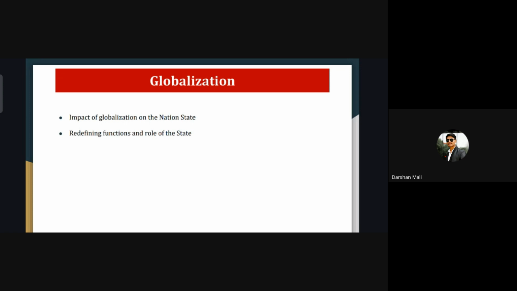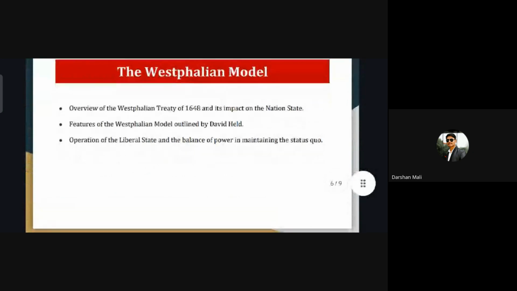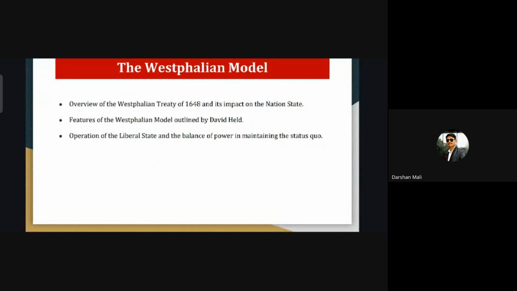So now I hope you got the idea of globalization and its impact on developing countries like India. And this is very essential for students of public administration to understand. Just now we discussed the Westphalian model. In this Westphalian model, the liberal state and balance of power were the center point. Liberal state in the sense what?